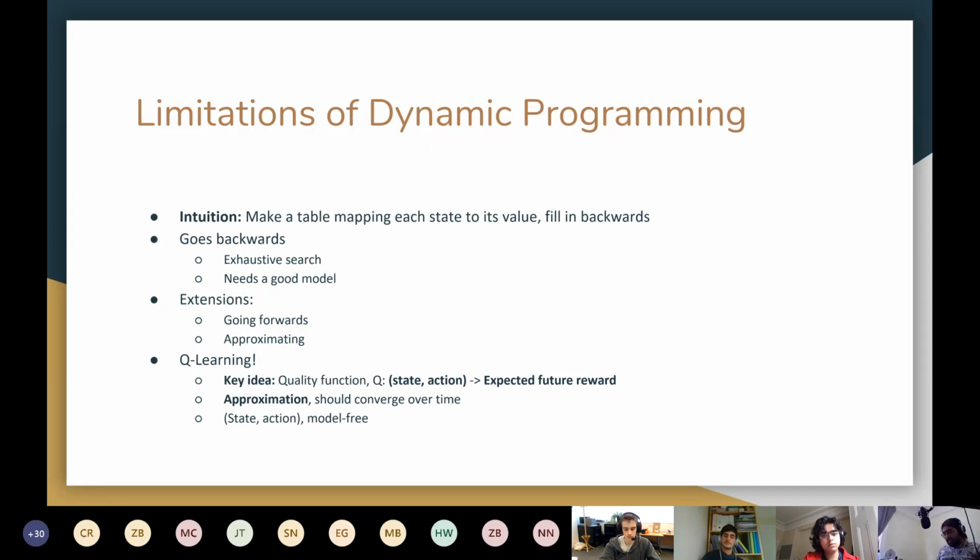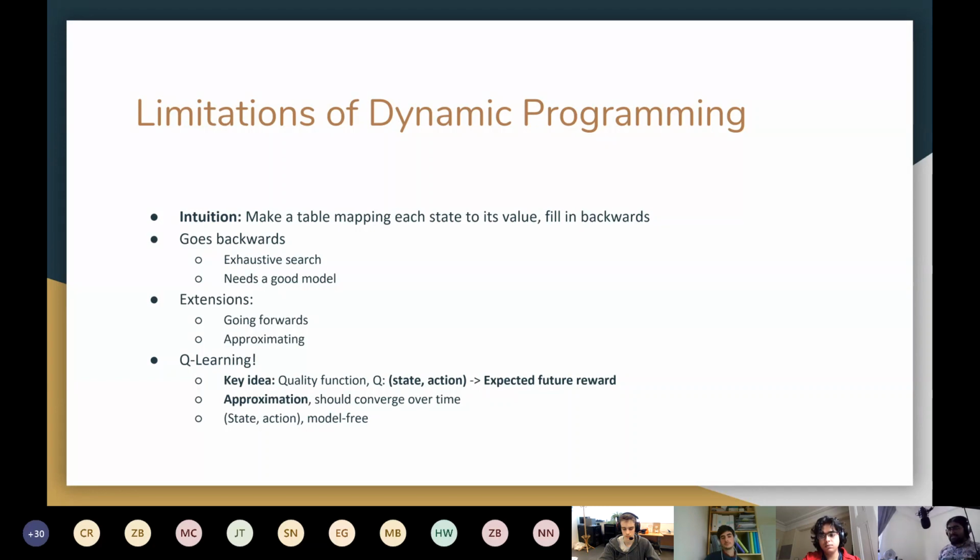So in Q-learning, we introduce this new idea called a quality function. And the quality function is basically going to tell me, at any point, given any state of the world, and any next action I'm considering taking, what do I think the total value will be if I take that action from that state?